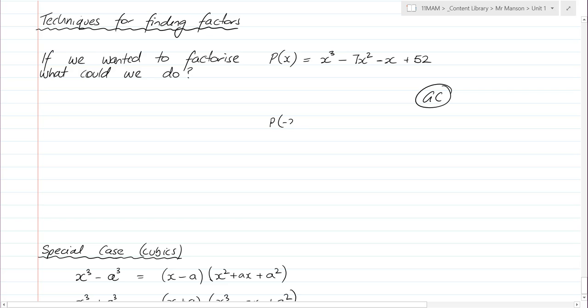P of negative 2, I'll test that quickly, is negative 2 cubed minus 7 times negative 2 squared minus negative 2 plus 52, and that gives me negative 8 minus 28 plus 2 plus 52, which does not work because that's 18. Then I could test P of negative 3, and I suspect negative 3 will be the one.